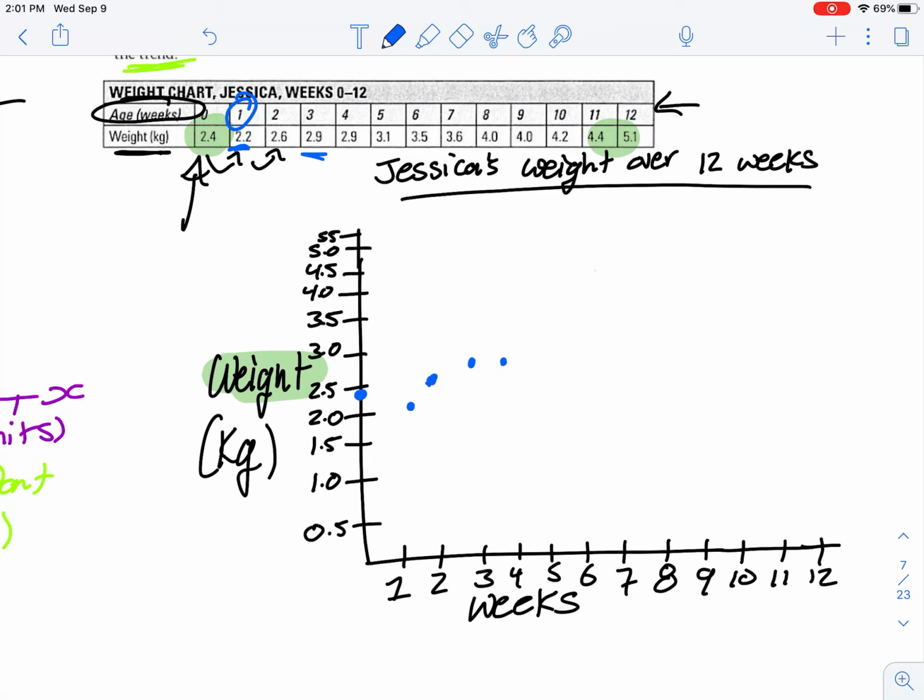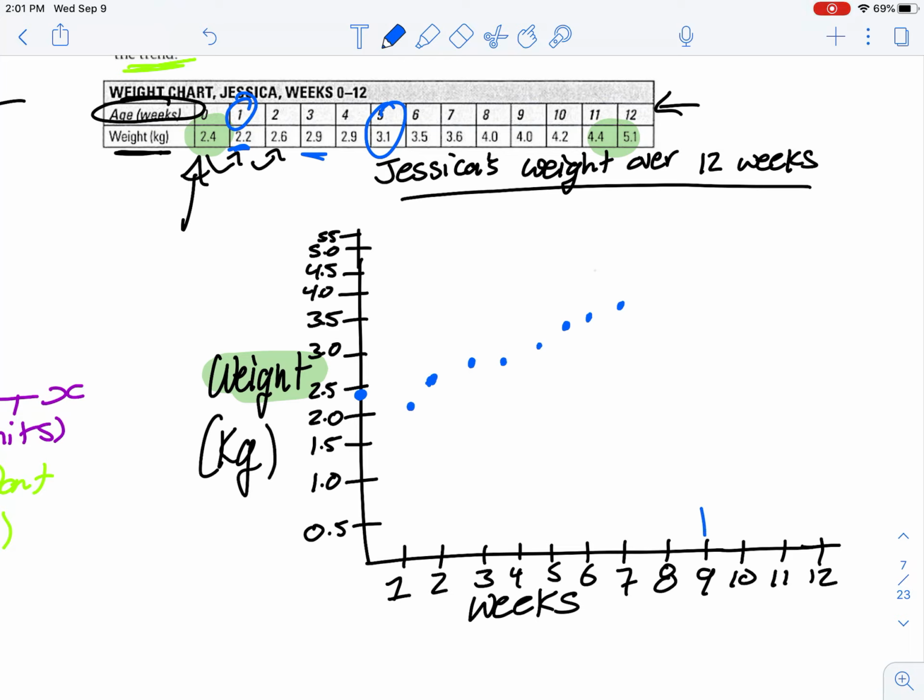Fifth week, she's at 3.1, so she gained a little bit of weight there, which is good. You want babies to gain weight. Sixth week, she's at 3.5. A healthy baby is a growing baby. Seventh week is 3.6, so a little bit lower. Eighth week is 4.0. So usually you'd use a ruler to determine if you're being really accurate.